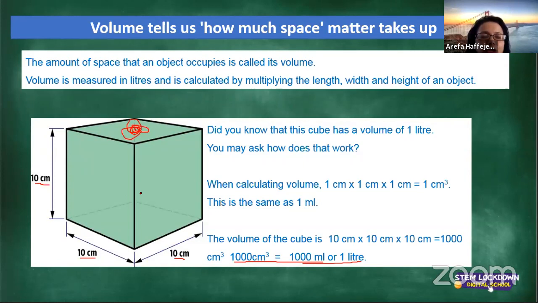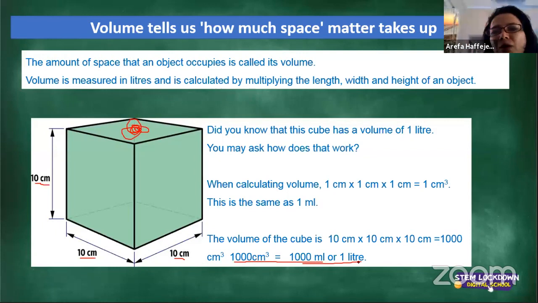You need to change your mindset and not only know that volume fills a cylindrical substance, because volume can fill a cube, a triangle, any shape. But for you to know how to work it out, you need to learn these measurements, like 1000 centimeter cubed is equal to 1000 milliliters, and 1000 milliliters is equal to 1 liter.